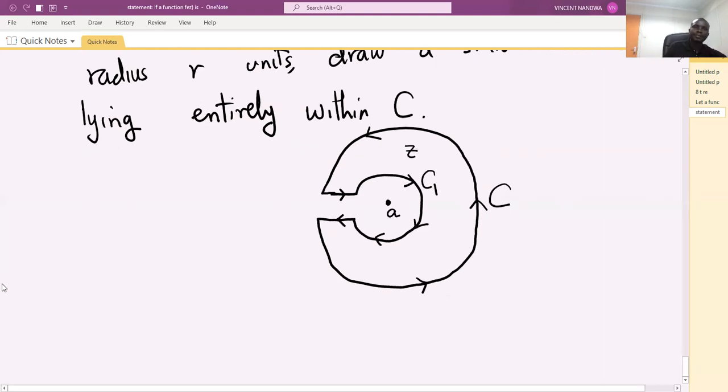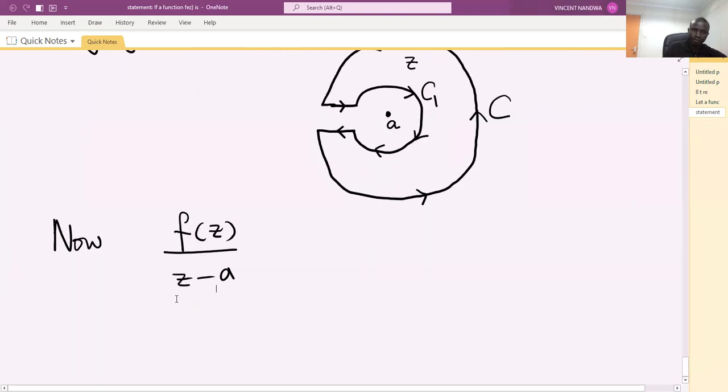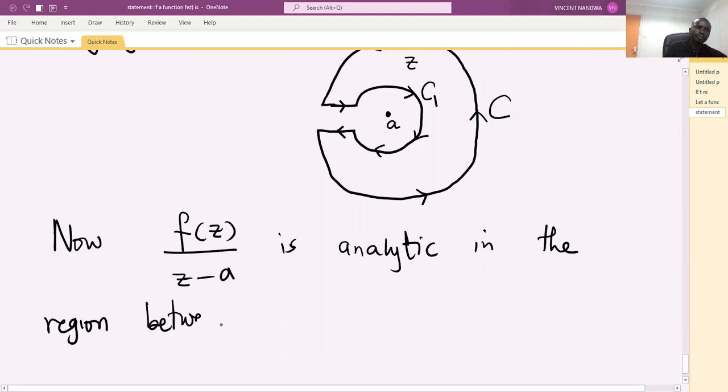So now f of Z over Z minus A is analytic in the region between C and C1.